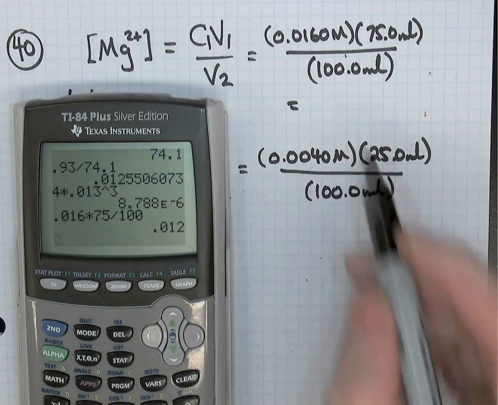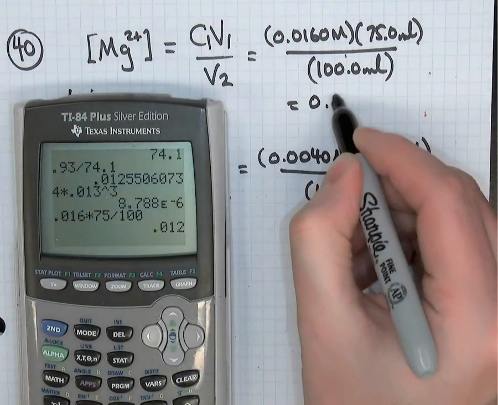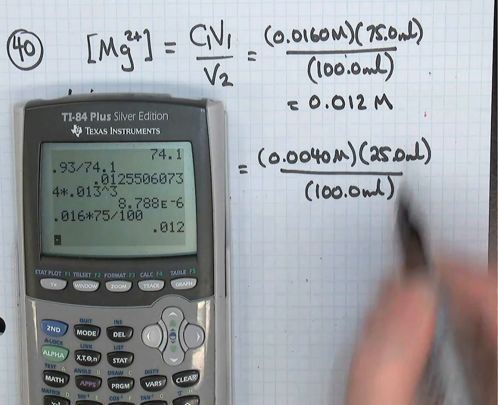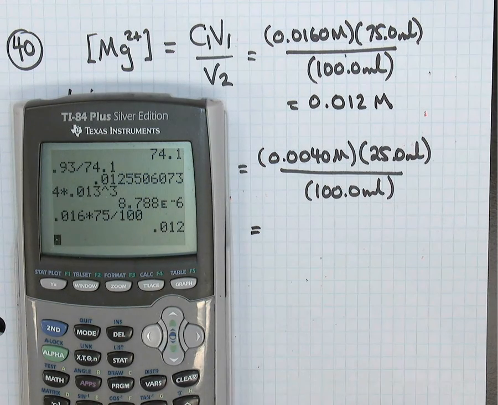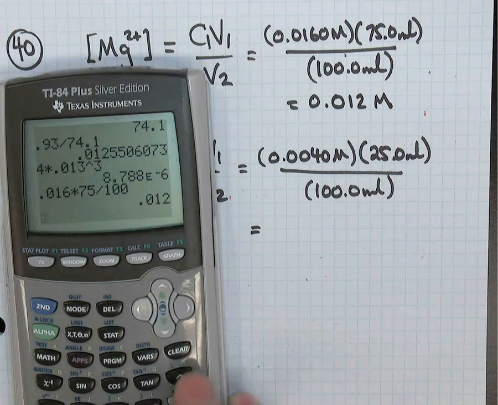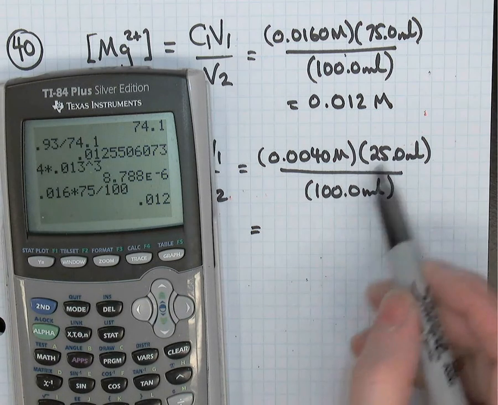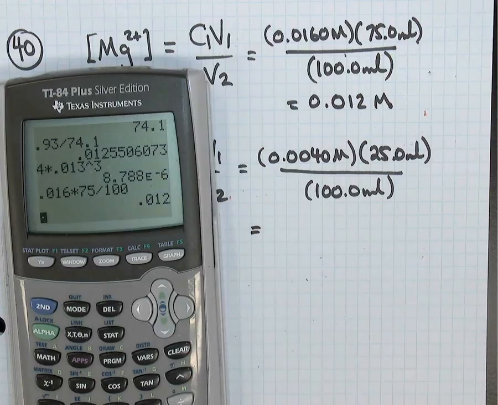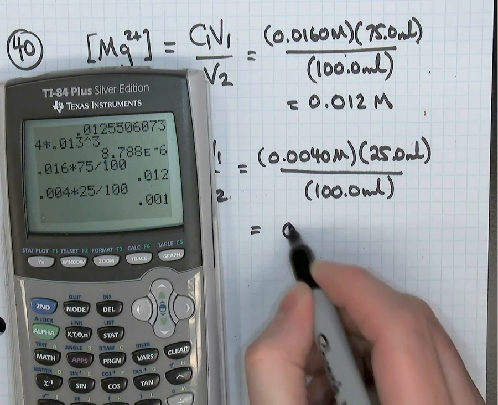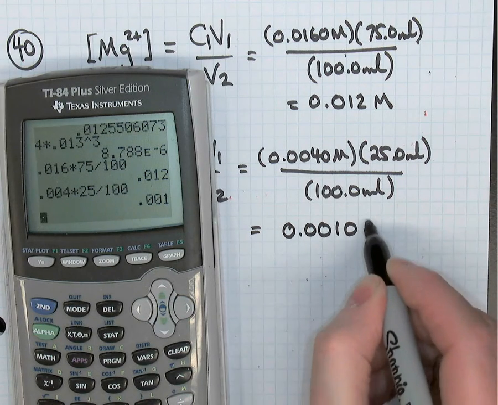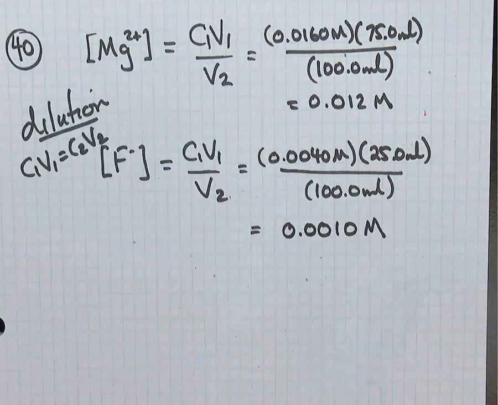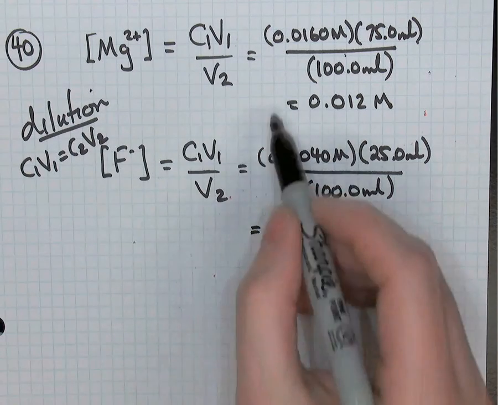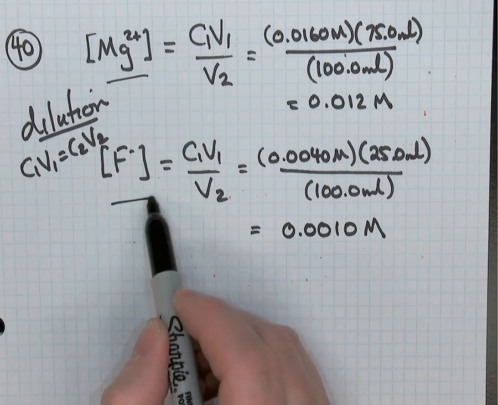So it's going to be 3/4 of what it used to be, 0.012 molarity. Similarly, the fluoride concentration is going to be 1/4. 25 over 100 is 1/4 of what it used to be. So 0.004 times 25 over 100 is 0.001 molarity. Okay? So there's the concentration of magnesium and of fluoride.